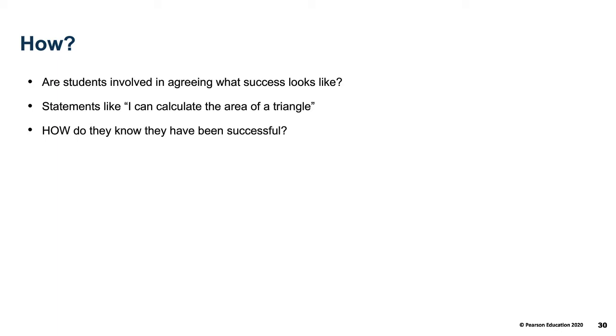I think what I've tried to make my students realise is that success is not a point in time. It's not that right at this point in time I can calculate the area of a triangle, therefore I can always calculate the area of a triangle, because that's not how maths works.